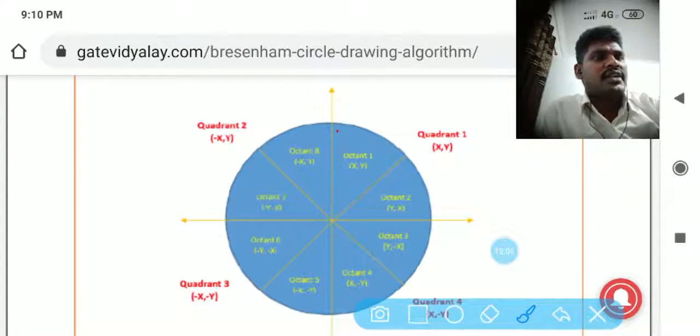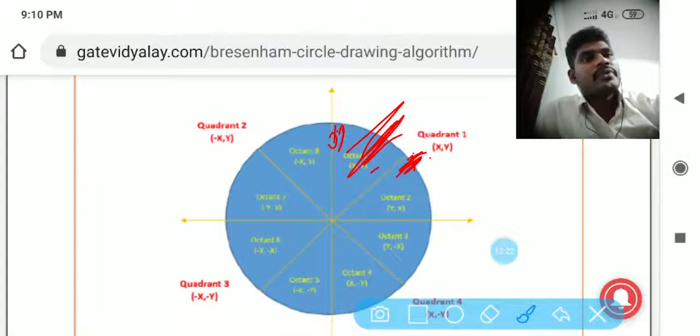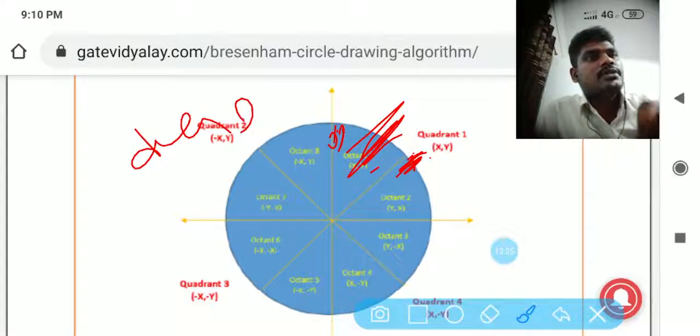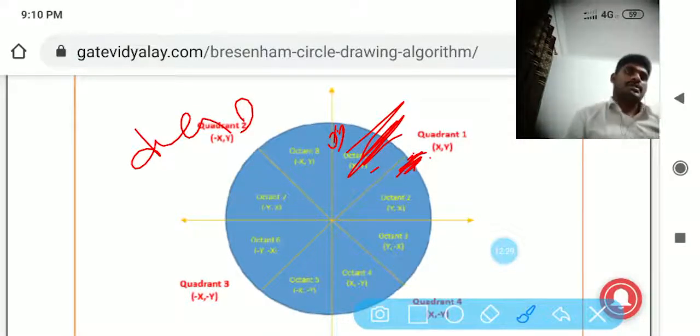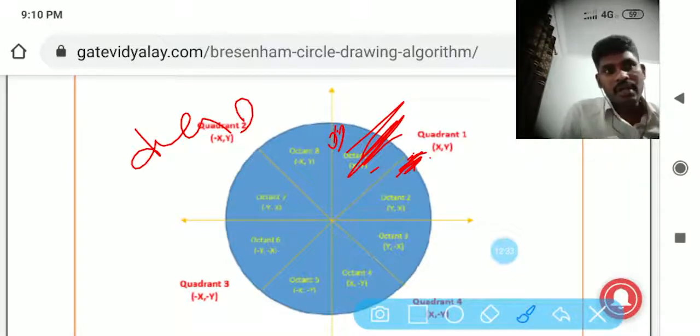Then in this 45 degrees, one starting point is here, another is here. This is the starting point and this is the ending point. Which one do you want to select? How do you decide which one to select? Based on the decision parameter, we will select the pixel where we have to start.